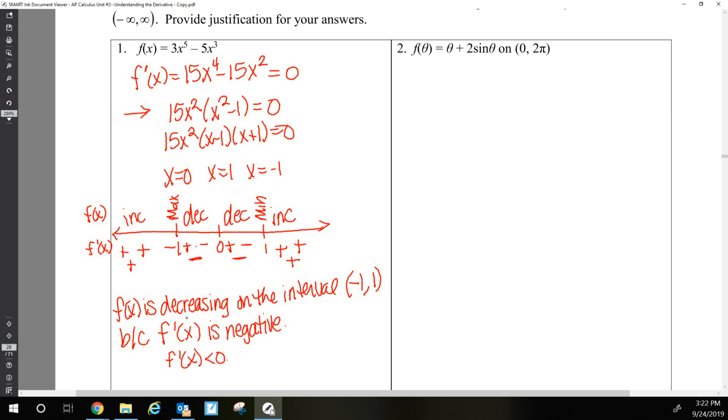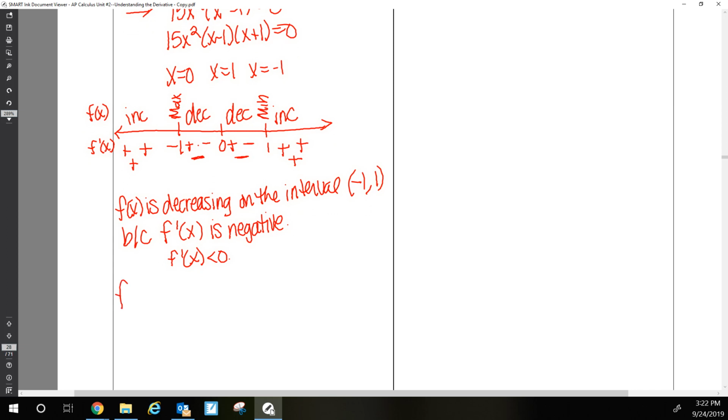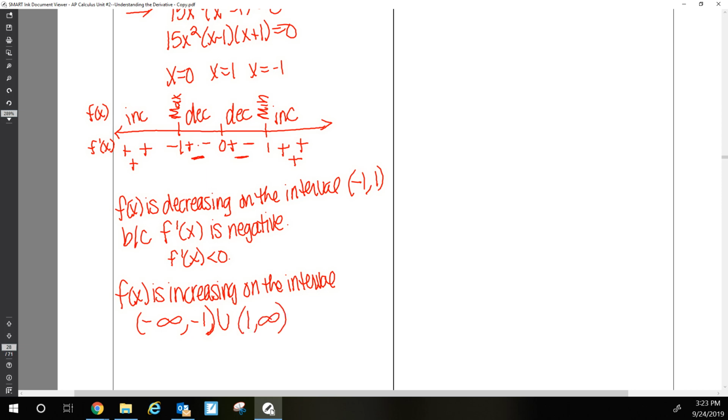All right. They also want to know, where is f of x increasing? Well, f of x is increasing on the intervals from -infinity to -1, union, and we start increasing again at 1 to infinity. Why? Because the derivative is greater than 0, is positive.